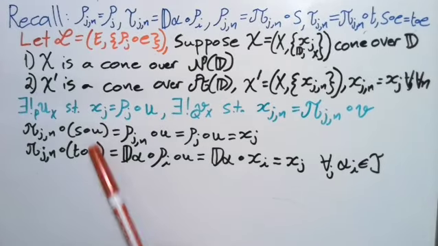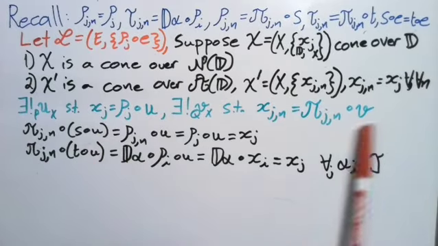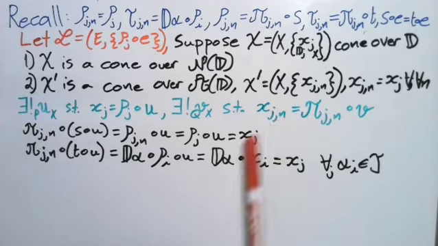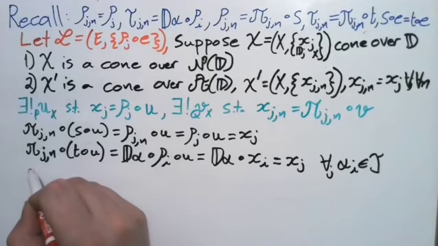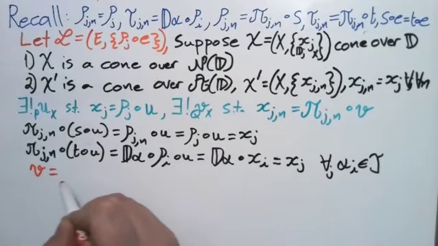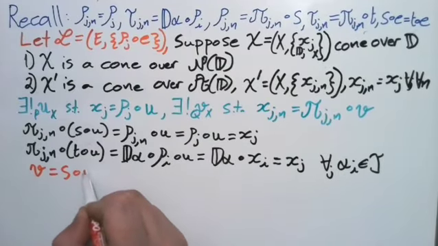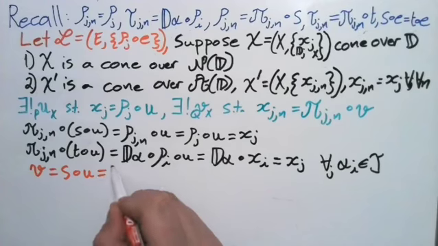So s after u and t after u both satisfy this equation. They're both equal to xjn. But there's only one morphism that can satisfy that equation according to this. So we have that v has to be equal to s after u, which has to be equal to t after u.